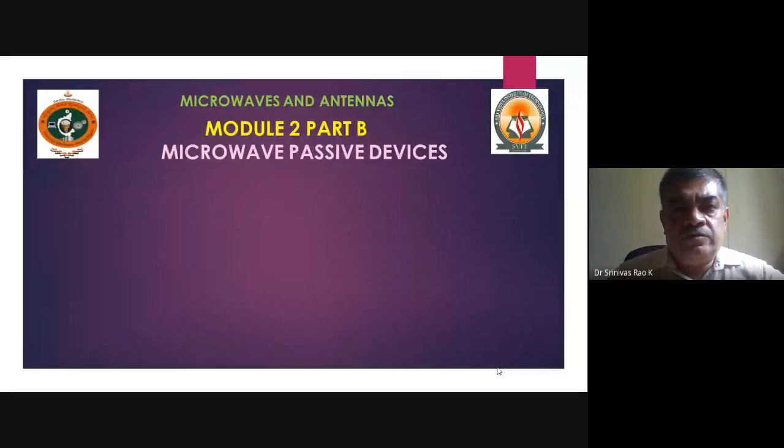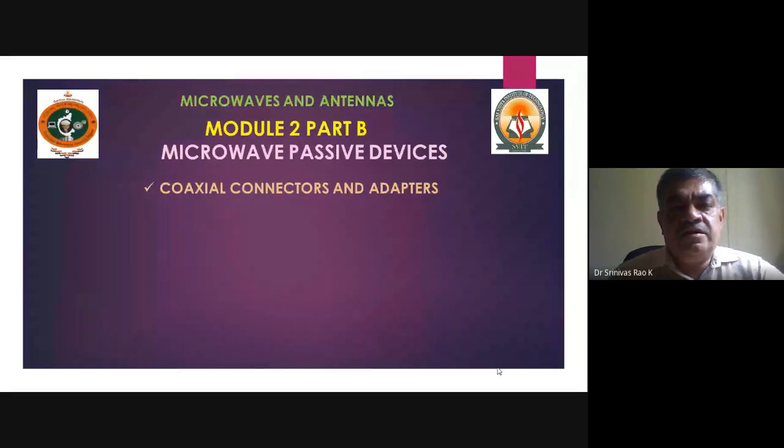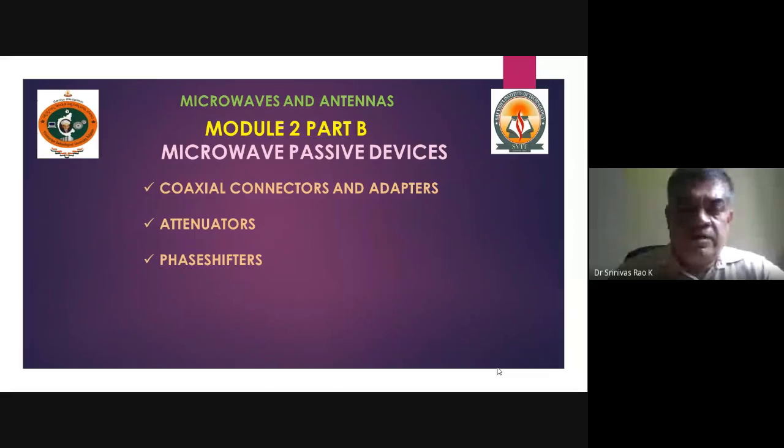So we'll see the coaxial connectors and adapters. These are the microwave passive devices, and then we'll see the attenuators. Attenuators are also part of the microwave passive devices. And then we have phase shifters.